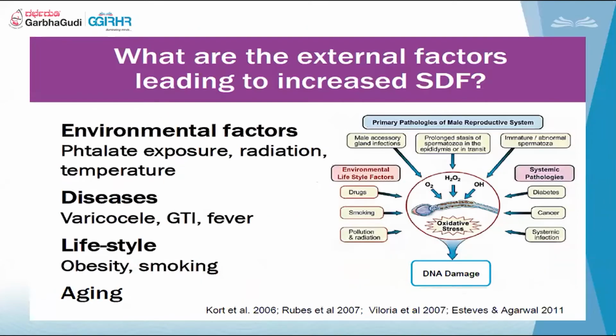Okay. Next comes, what is the reason for this sperm DNA fragmentation? It could be n number of reasons. Even when we are breathing, there could be chemicals we are breathing. It's the pollution, the radiation, the high temperature, and then drugs, smoking, anything could be the reason for a high DFI. So it influences both.